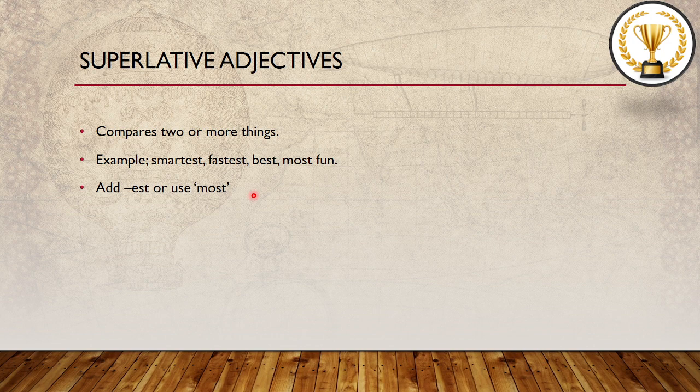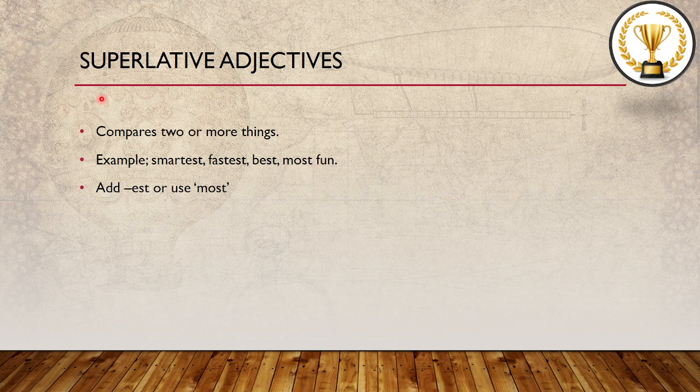So you can say indicative, comparative and superlative. So we used first smart, smarter, now it's smartest, fast, faster, fastest, good, better, best, then fun, more fun, and most fun.